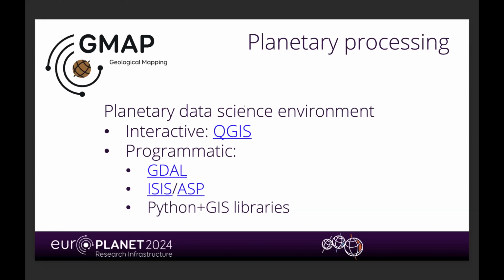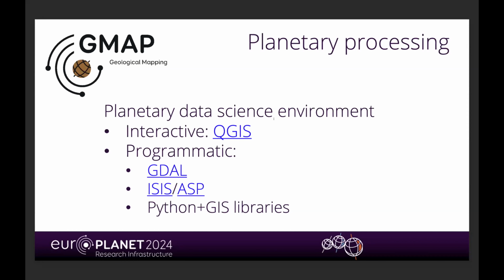As you have been seeing already since day one, QGIS is an excellent option if you're not into programming. QGIS is super powerful, has lots of resources, or virtually every resource that you need to do your planetary data processing and analysis and exploration and all that stuff.